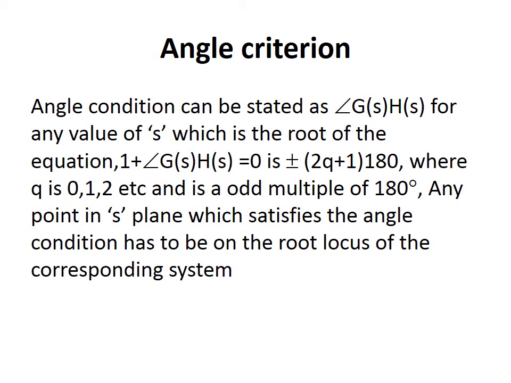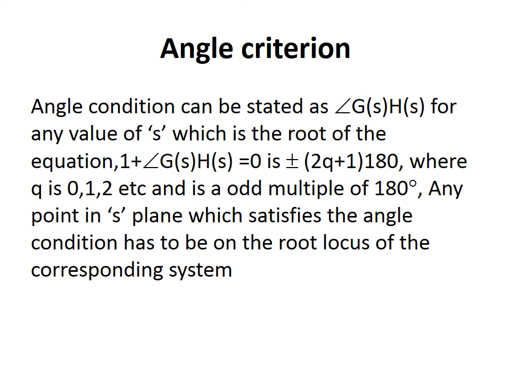If you want to find out whether a point belongs to the root locus, we check through the angle condition. We find the value of the angle of G(s)H(s) at the given value of s.